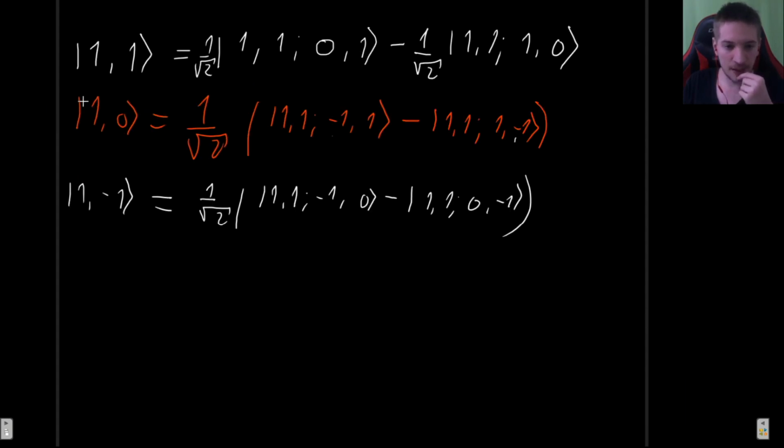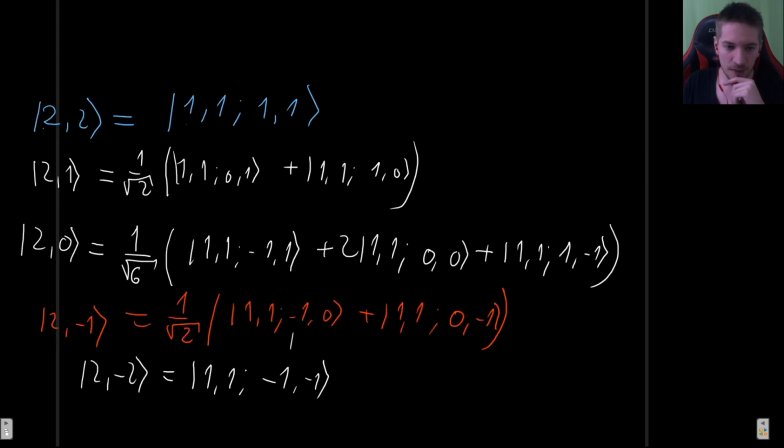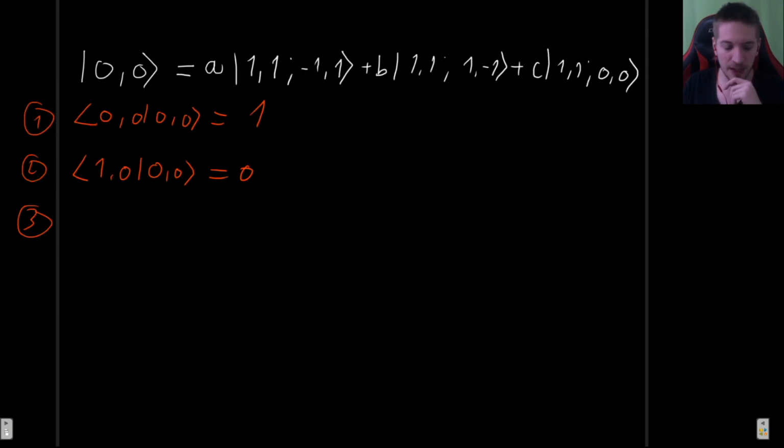For example, take a look at this. |1,0⟩ has |-1,1⟩ and |1,-1⟩, which are some of the states that we also have here. So |1,0⟩ has to be orthogonal to |0,0⟩. The third condition we will see when we go back a little bit and take a look at the state |2,0⟩. It has the same 3 vectors that we have here. So |2,0⟩ has to be orthogonal to |0,0⟩.